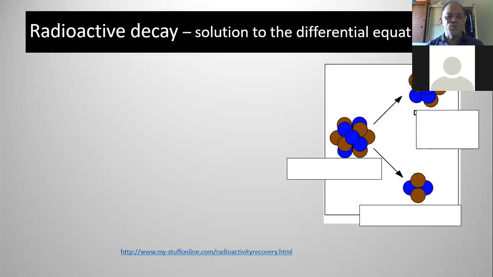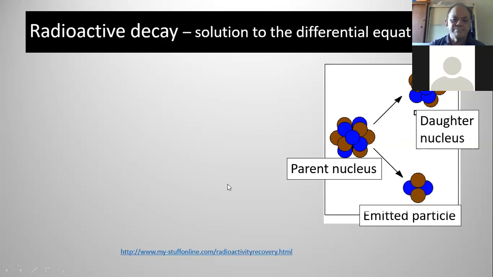We don't need to show that it's a solution, but we need to understand that it's a solution to the differential equation. Remember the original element or radioisotope we call the parent nucleus, and the product we call the daughter. The other one is the emitted particle.